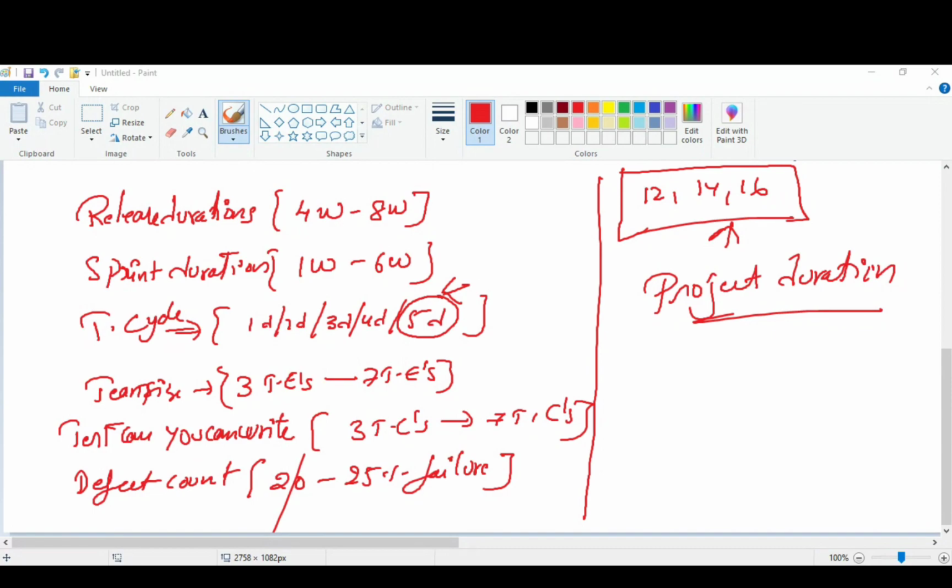Not 7 days, no, 5 days. Yes, Harsh Yadav, correct. Anything you can take, Komal. You can take 14 or 16 or 12. Reshma, 30 days per release, correct. For 1 week, how many days do you have?